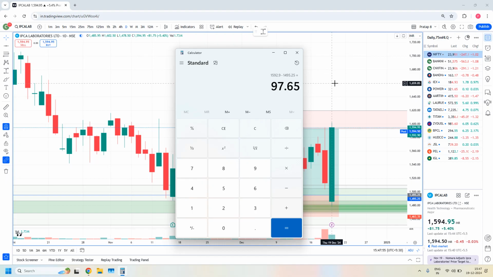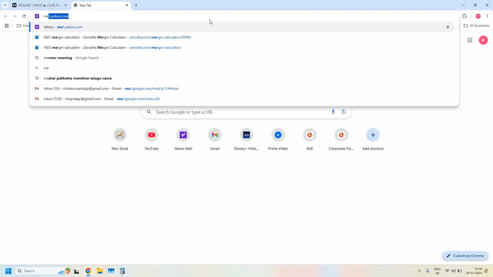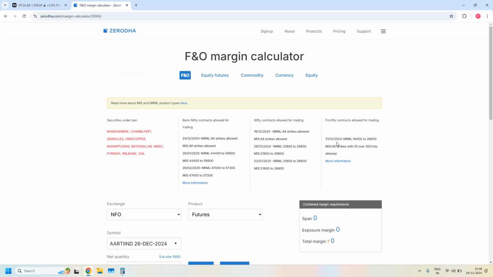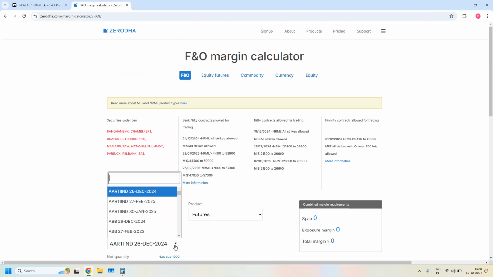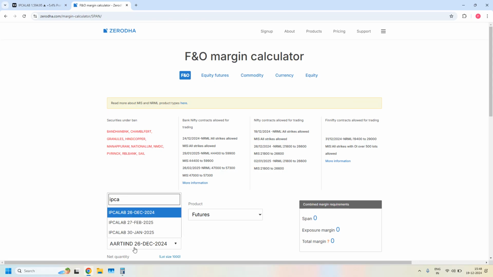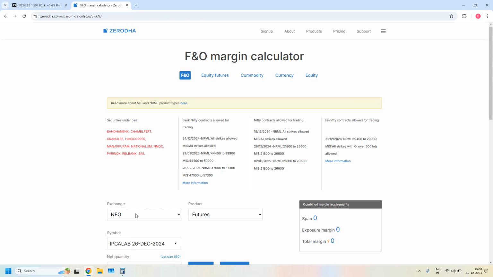Okay, what is the IPCALAB lot size? Let me open Zerodha's margin calculator. IPCALAB, let me look into the December futures.